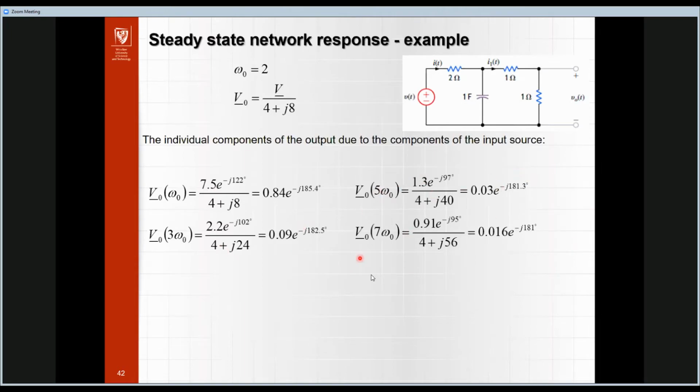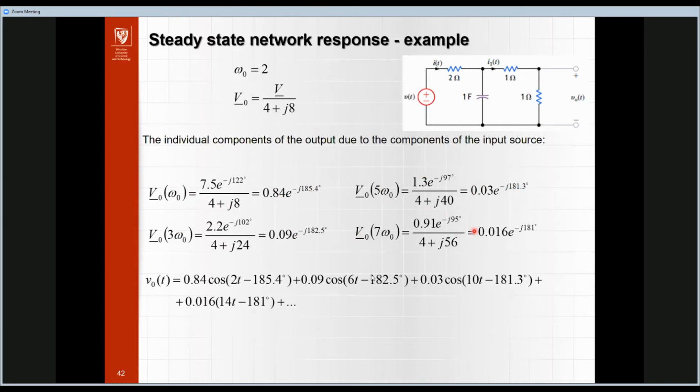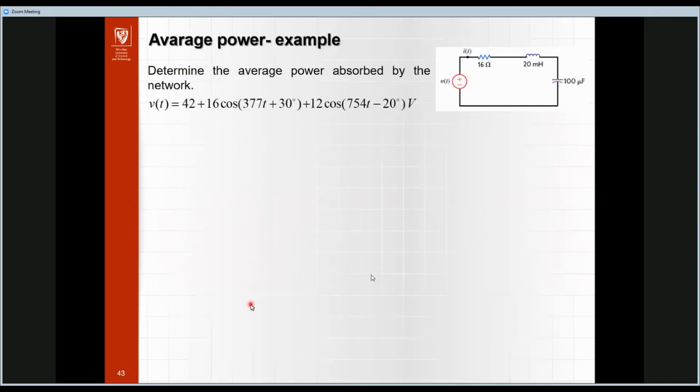And when we have the values, we can write the equations for this. So we have here the magnitude and the phase for the fundamental, and the third, fifth, and seventh harmonics of the signal.